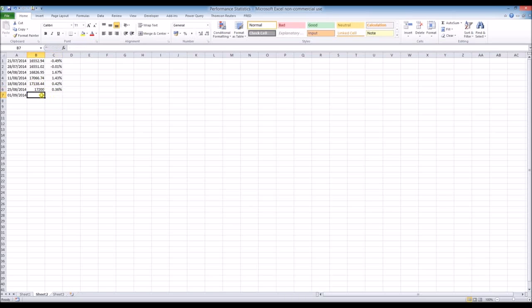Now the following week, we're going to have another certain amount of money in the portfolio margin, plus or minus performance as well. So let's use an example of injecting 5,000 into the portfolio.